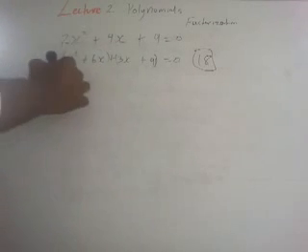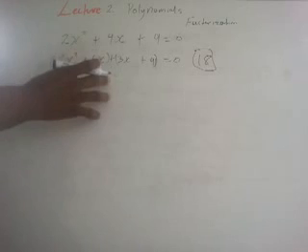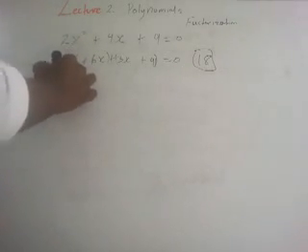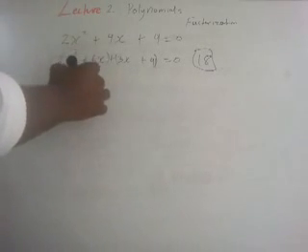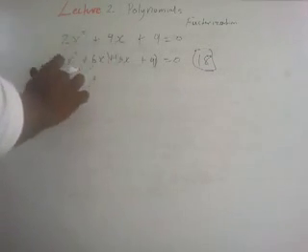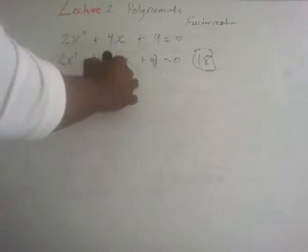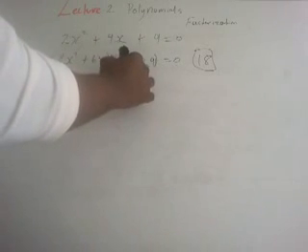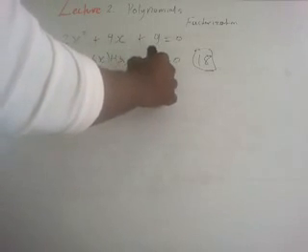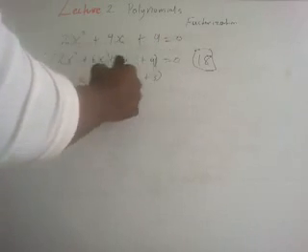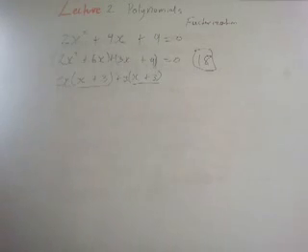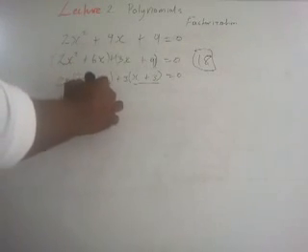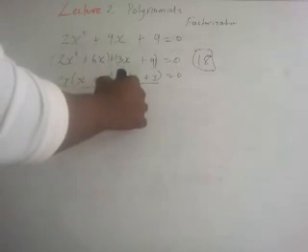So we can factor out a 2x from the first group, leaving us with x plus 3, and then we can factor out a 3 from the second group, and we see that this bracket and this bracket are the same, so 2x plus 3 times x plus 3.